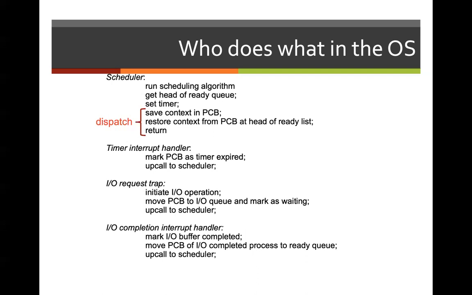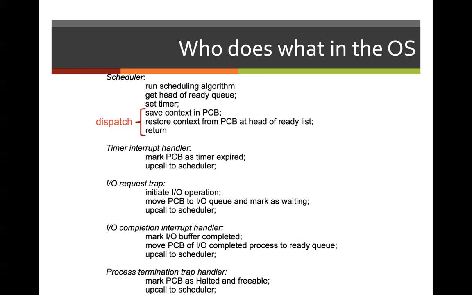Our IO completion interrupt handler will mark the IO buffer completed, move the PCB of the IO completed process to the ready queue, and up call to the scheduler. And our process termination trap handler will mark PCB as halted and freeable.